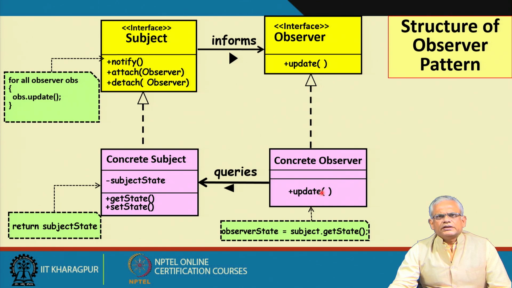But then they may be interested in specific aspects of the change, and they may query the concrete subject, subject.getState, and then it returns the state and the concrete observer refreshes itself. For example, the concrete observer may be interested in some specific stock price, and once it is notified that there is a change, it just gets the corresponding stock prices.